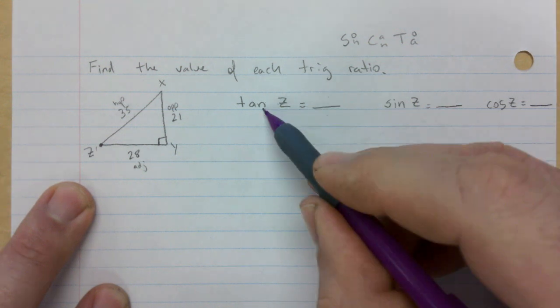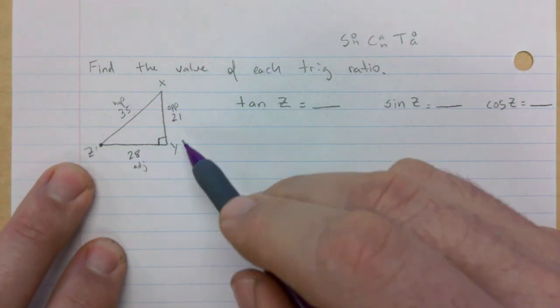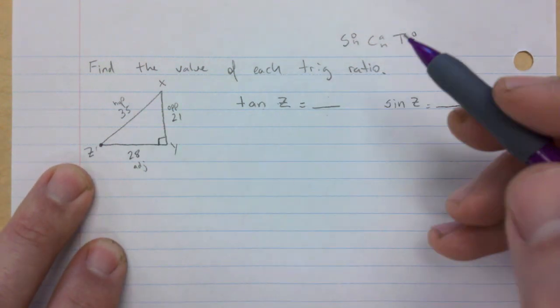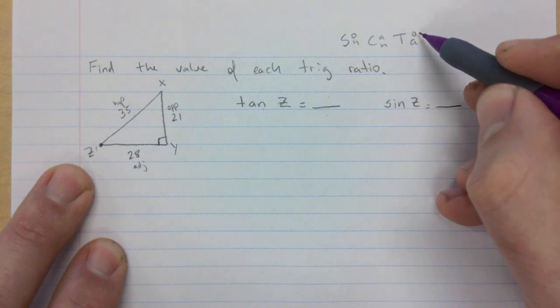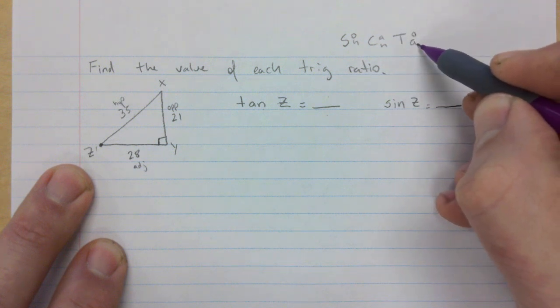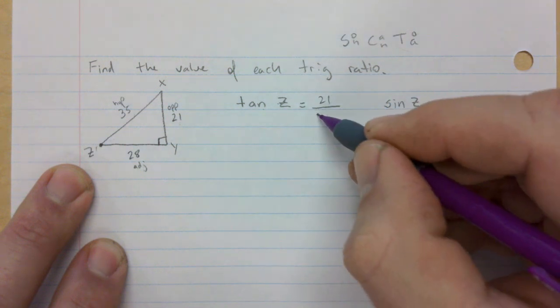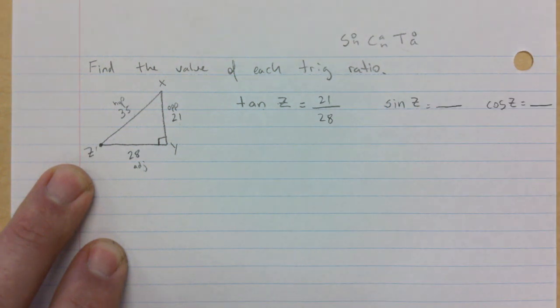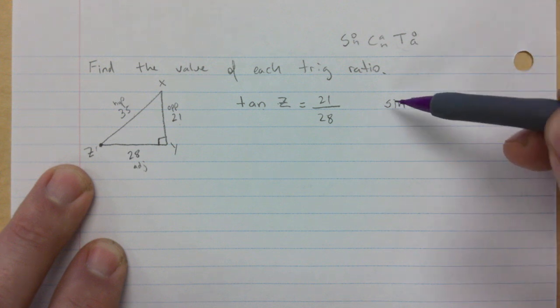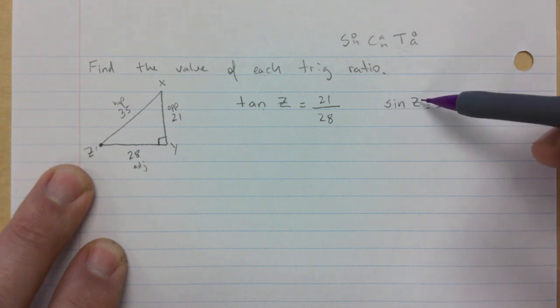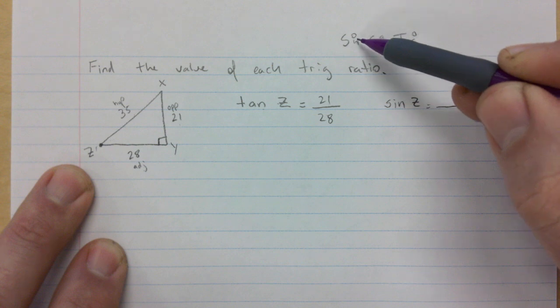Okay, so tan of Z, you labeled your sides. You go and look up tan, it's calling for opposite and adjacent. So opposite is 21, adjacent is 28. That's what goes there. Sine of Z, sine is SOH, right?